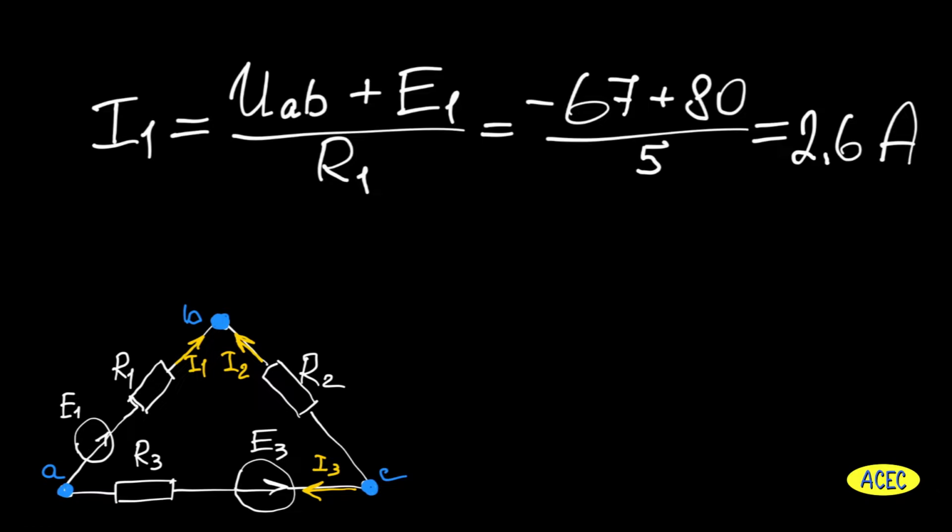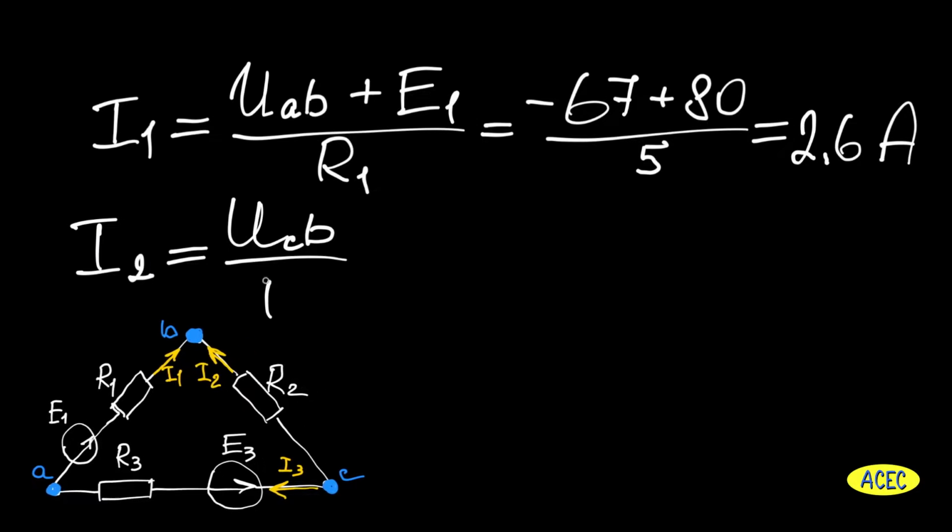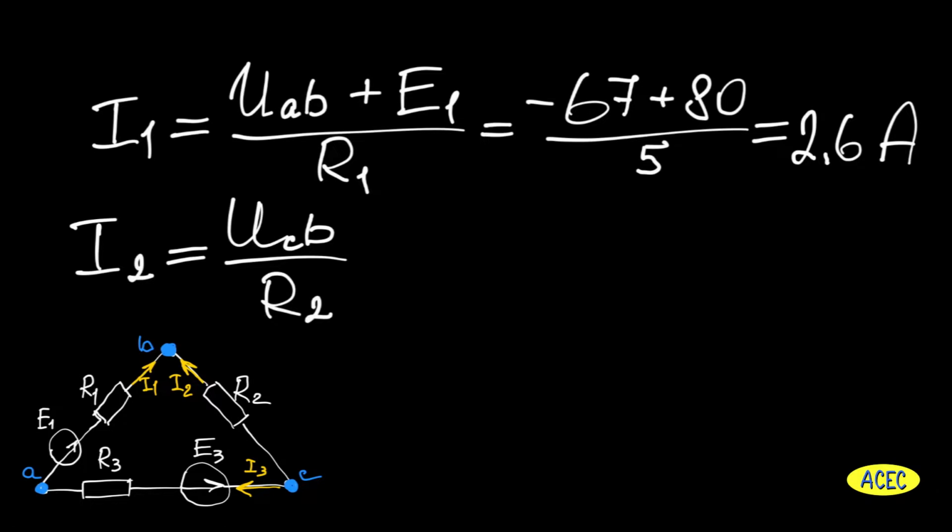Current I2 goes from node C to node B, so I2 is UCB divided by R2. Voltage UCB is minus UBC, which we found earlier. So I2 is minus UBC divided by R2.